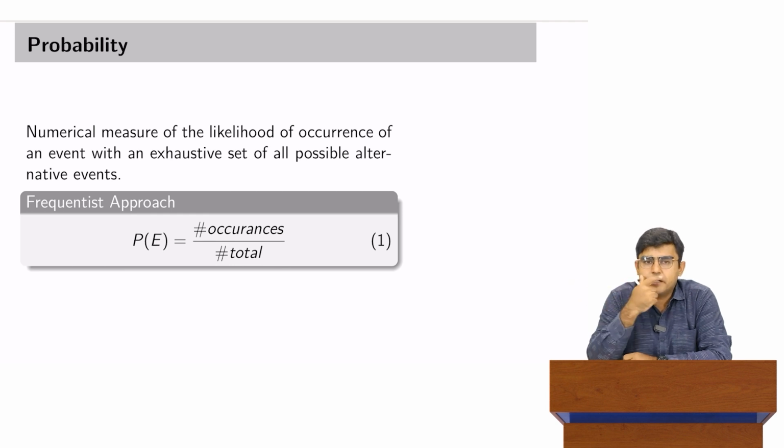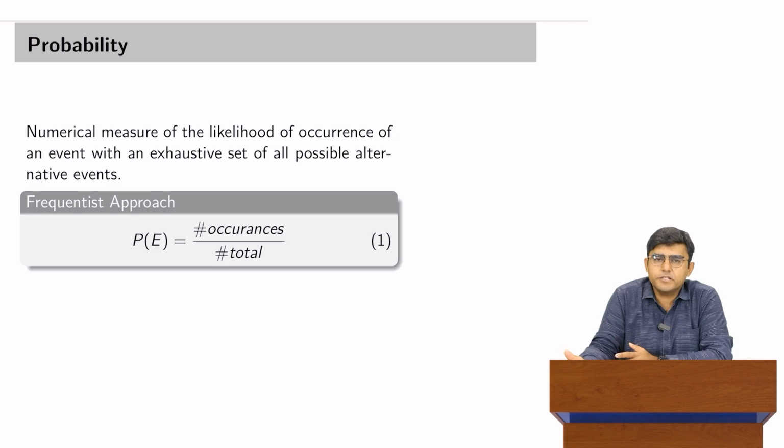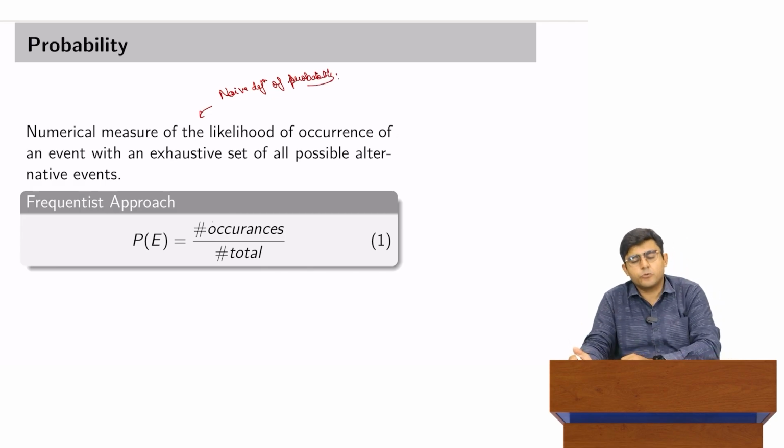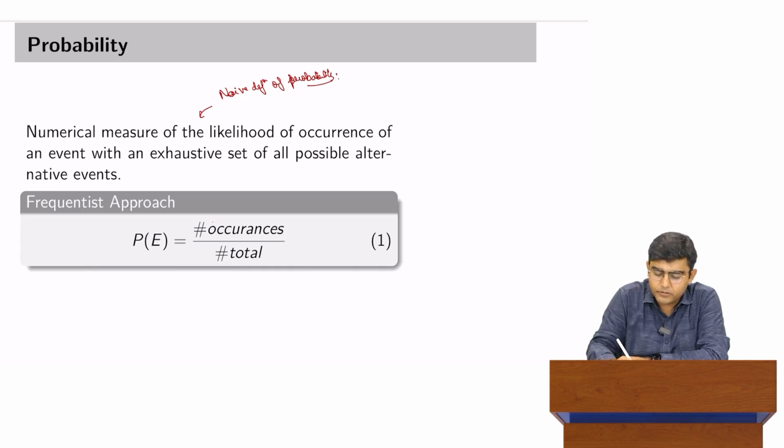So when we talk about probability, all of you might have learned in your high school or senior secondary school mathematics that probability is a numerical measure of likelihood. Sometimes this definition is also called the naive definition of probability because it talks about probability in very simple words, that is, the number of favorable occurrences divided by the total number of outcomes of a particular event.